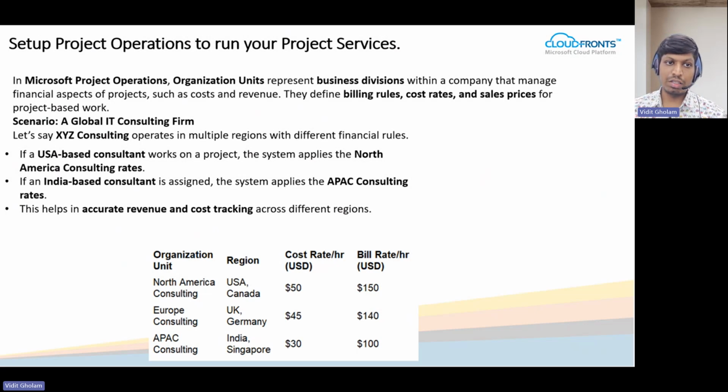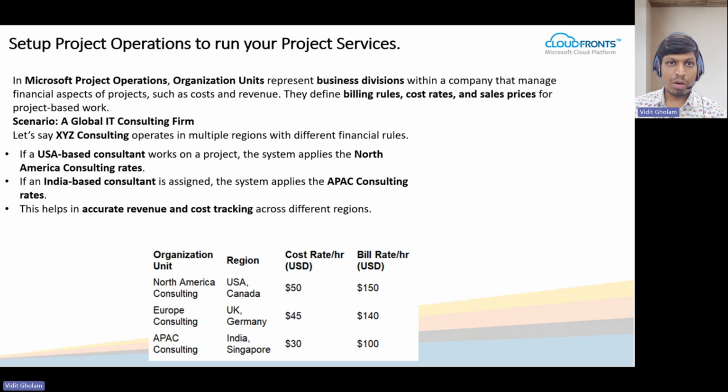Let's say US-based consulting work on a project requires North American consulting rates. An India-based business unit requires APAC consulting rates. So typically these organizations will have different organization units, one for US, one for India, one for Europe, and so forth.